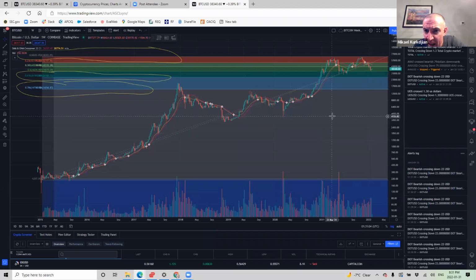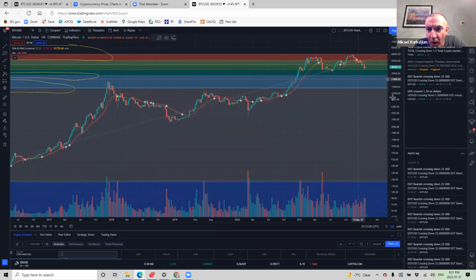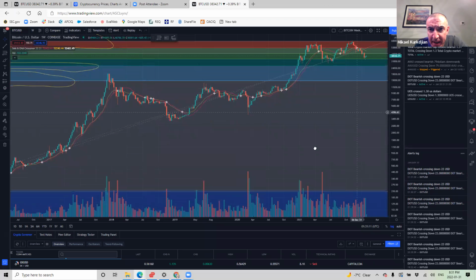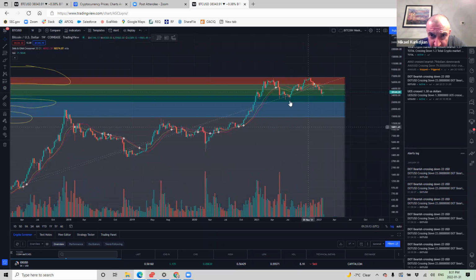So as we zoom in to see what's going on, let's pay attention to what's going on with this chart. Just with these Fibonacci sequences, we see right over here, at approximately 38,000, we have a very important support line.